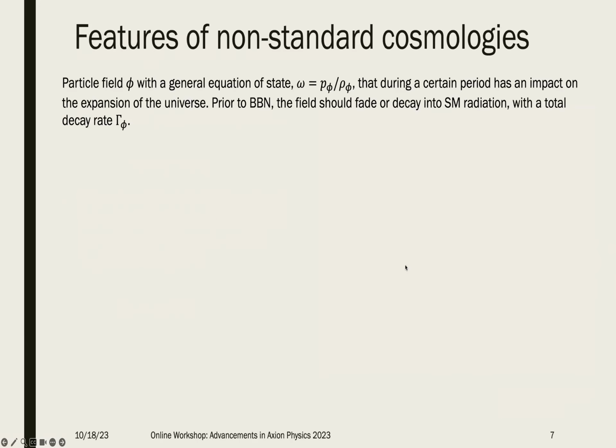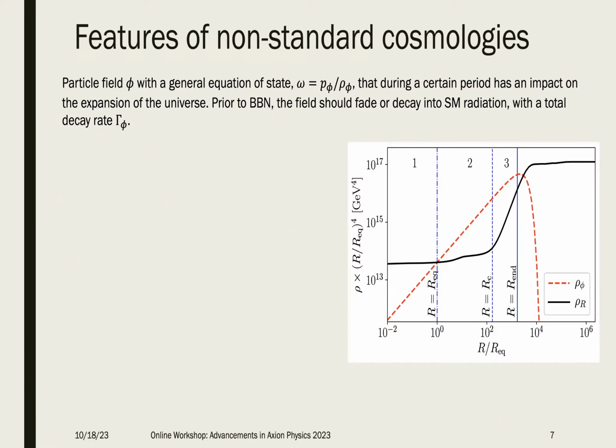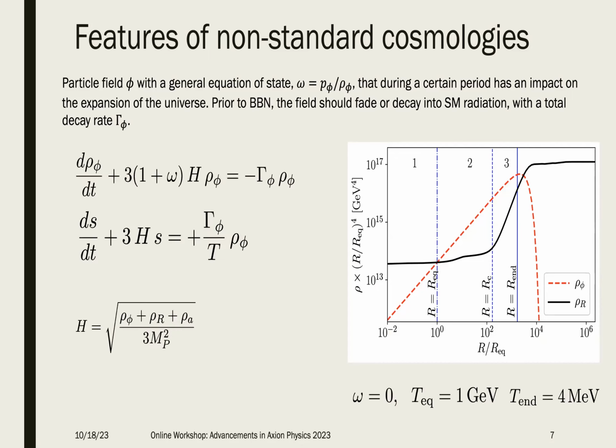Now I will introduce how we parameterize these non-standard cosmologies. We assume, as I said, that before the onset of Big Bang nucleosynthesis, some other field or fluid with some equation of state, and therefore a state parameter, took over the expansion of the energy density of the universe, such that it follows this dynamical equation.